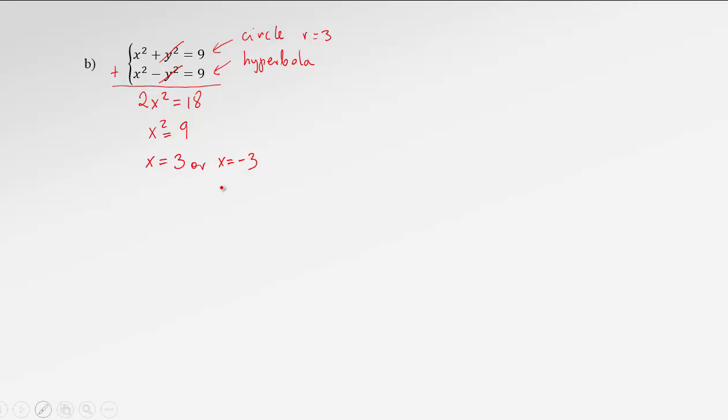2 possibilities. Those 2 possibilities may create 2 or may even create 4 points. Let's see. Again, we can plug in those x values to any of those equations. So for example, I can choose the first one. And instead of x, I'm using 3 or negative 3.